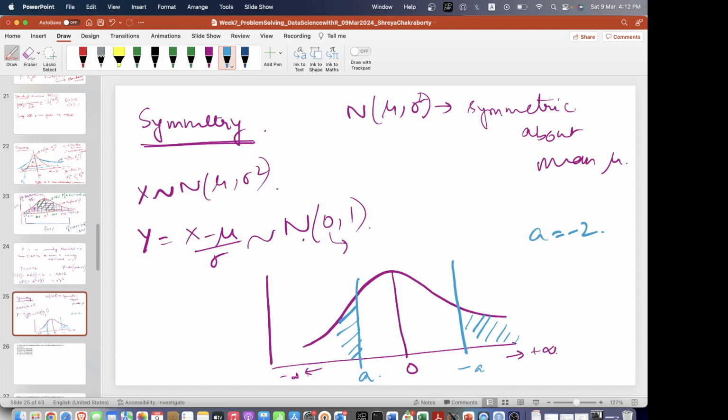If I choose one point over here, the area below this point would be equal to the area above the reflection of this point along the y equal to 0 line. That is, this area and this area are the same thing.